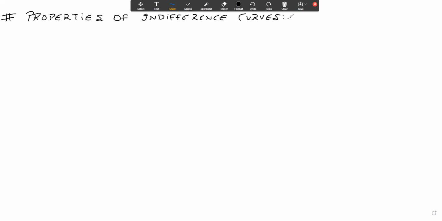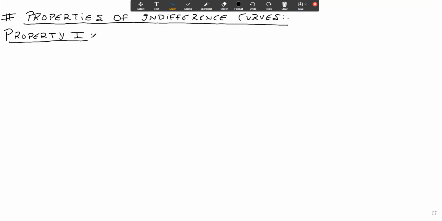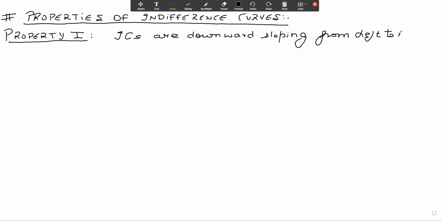Let's look at the first property. Property 1: indifference curves are downward sloping from left to right.